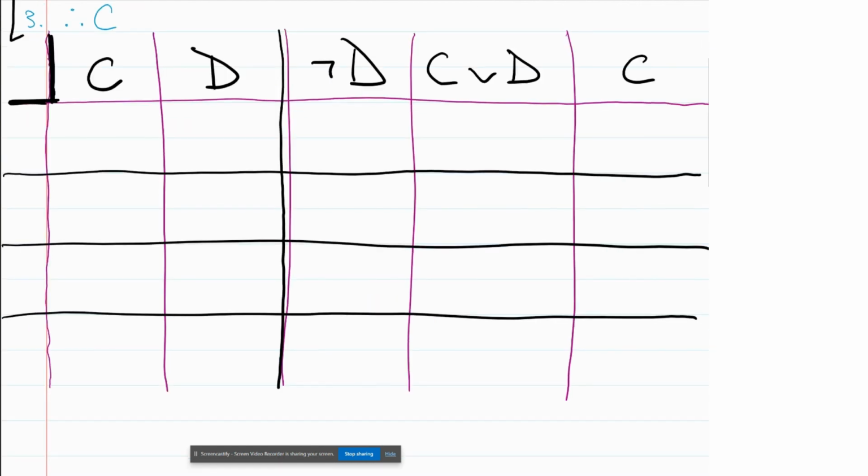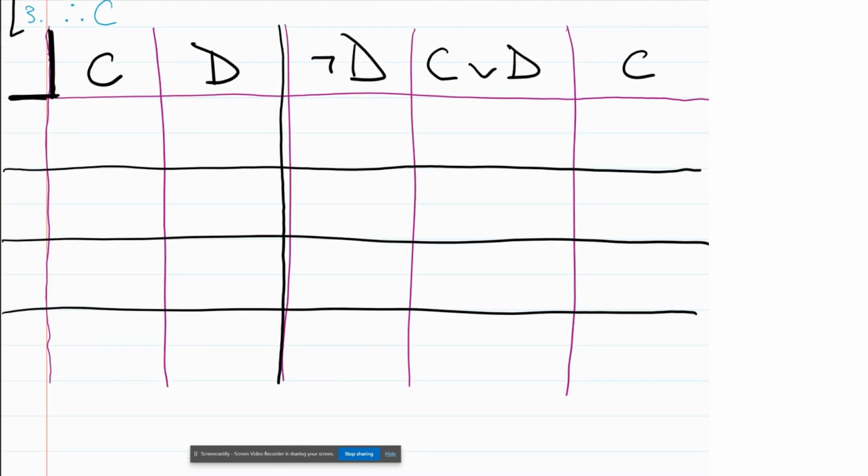All right. So the next thing we do is determine the truth value combinations of C and D. What are all the possible truth value combinations? The way that we do this is we start on the left-hand side and go all the way down our 4 rows, labeling true, false, true, false. So we alternate trues and falses. And then as we move over to the next column, we double the number of trues. So instead of alternating 1, 1, we alternate 2, 2.